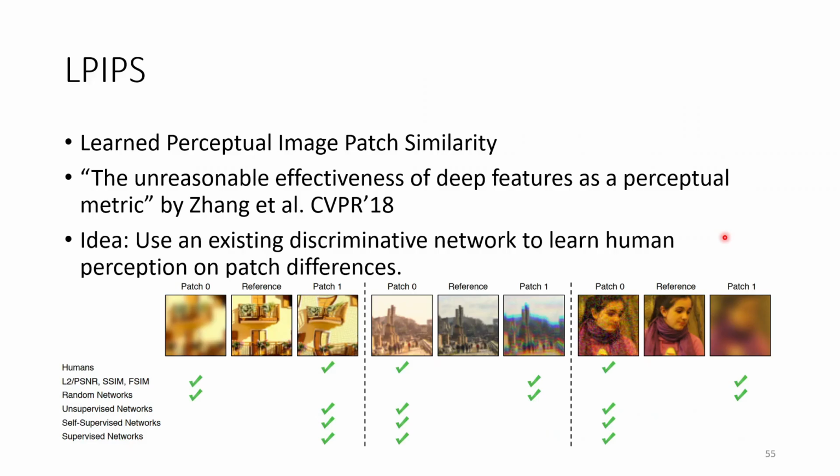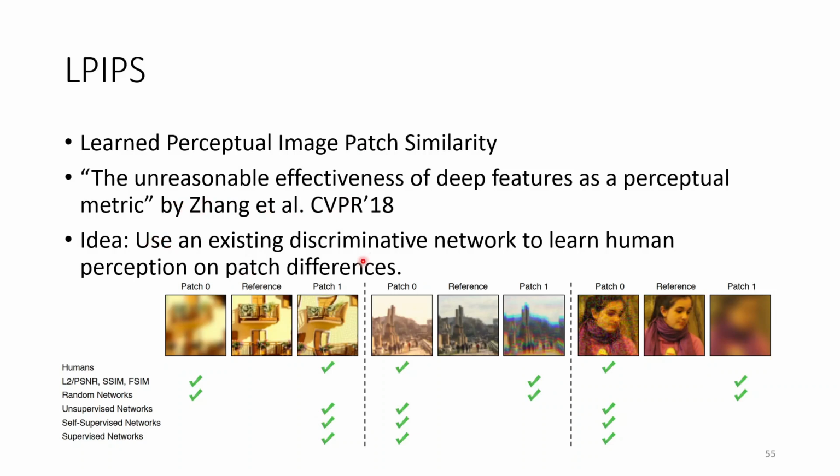Okay, and then the LPIPS metric is slightly more complicated. Okay, so the full name of the LPIPS metric is Learned Perceptual Image Patch Similarity. Okay, it was proposed in CVPR 18.